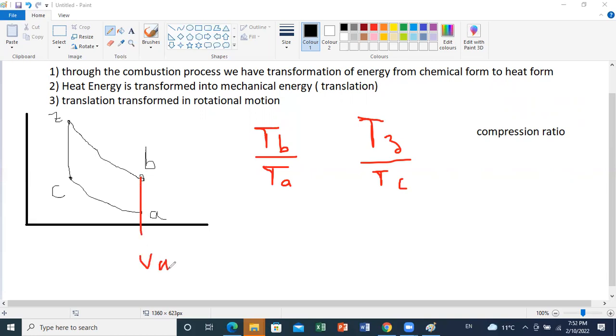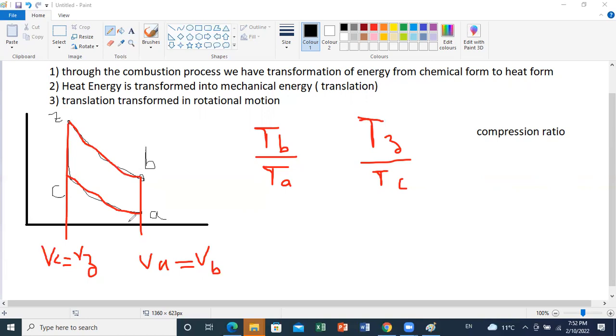So VA is equal to VB. And if you look at Z and C, they have equal volume. To profit from this, all you have to do is to write the relations of your two adiabatic processes, this one and this one.